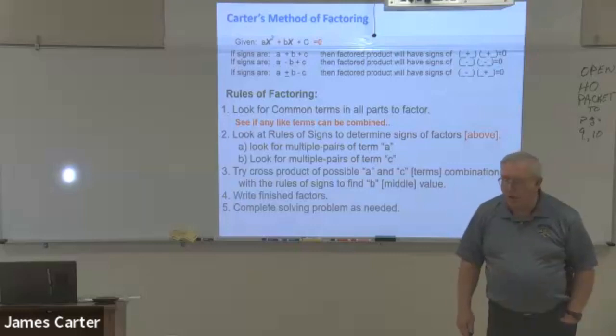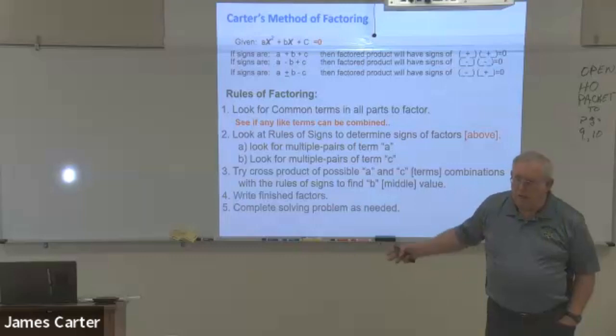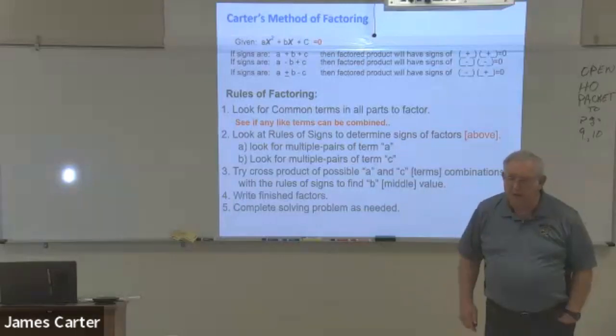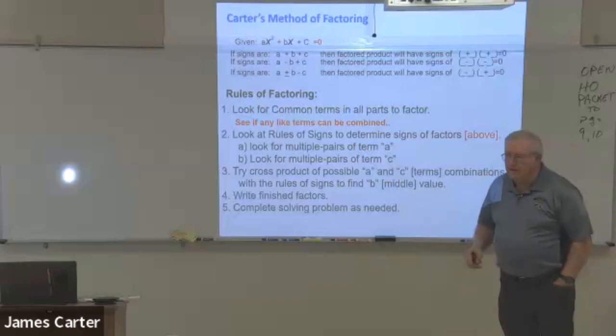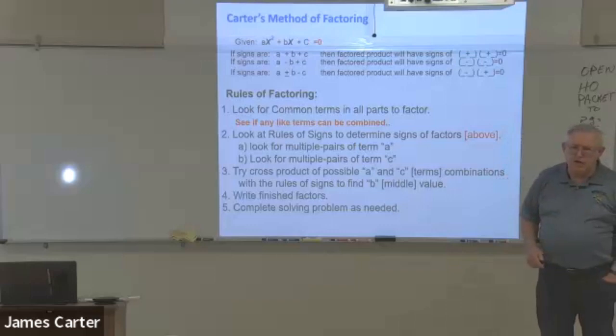Well, many years ago while teaching, because I was so disgusted with the way I had been taught, I looked for a way, and I came up with this way. And this way has been published in a high school textbook quite a few years ago.